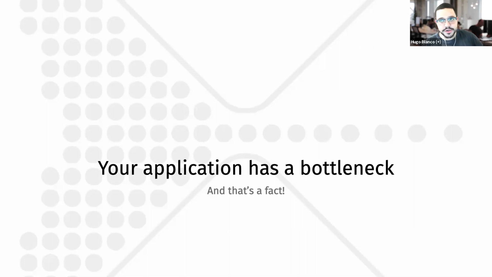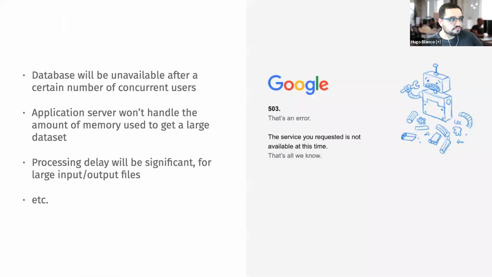The idea here with a plan is to discover that sooner than later and be prepared for what's to come. For example, your database could be unavailable after a certain number of concurrent users. Your database can have a limit based on its configured infrastructure, or your application server won't handle the amount of memory used to get a large data set.